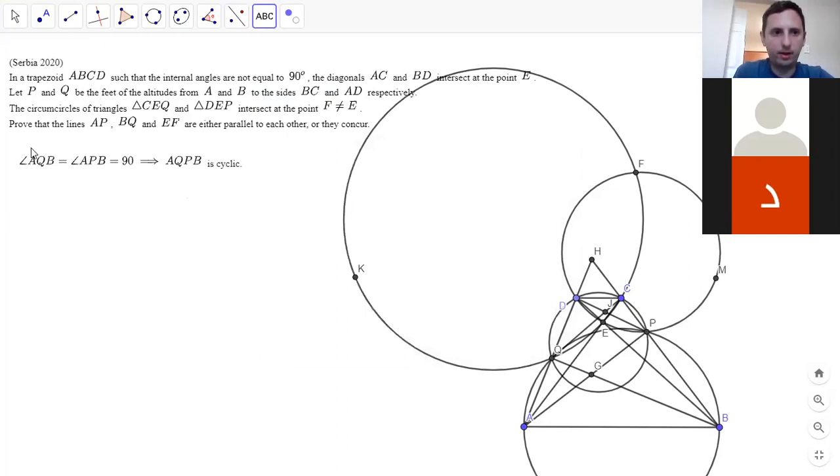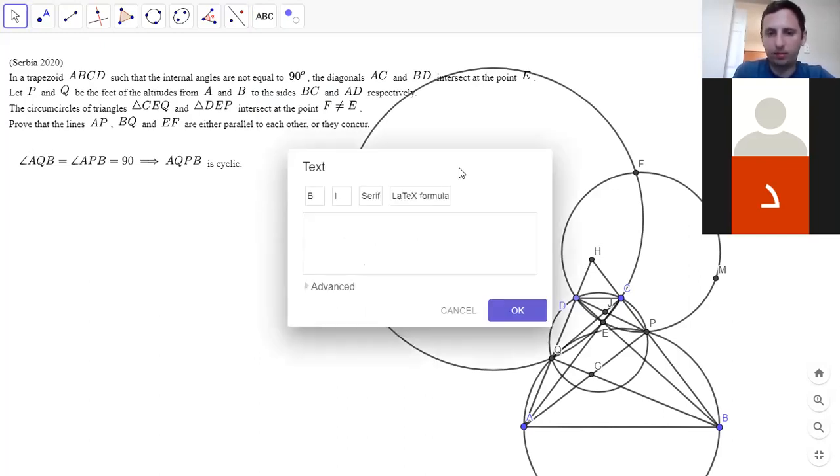And then we have angle QDC is 180 minus angle DAB, or 180 minus angle QAB, which is angle QPB.